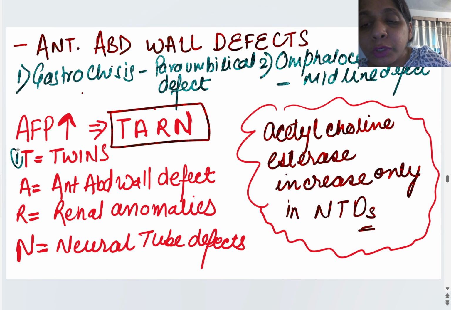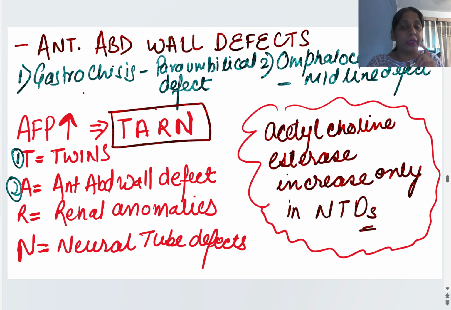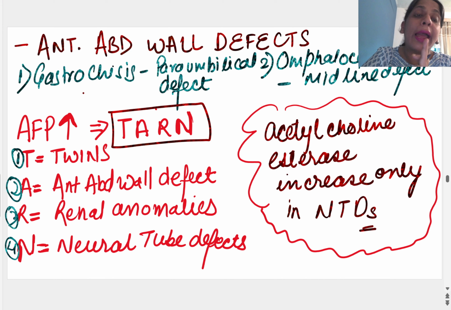T stands for twins, A stands for anterior abdominal wall defects, R stands for renal, and N stands for neural tube defects. So alpha fetoprotein increases both in neural tube defects and anterior abdominal wall defects.